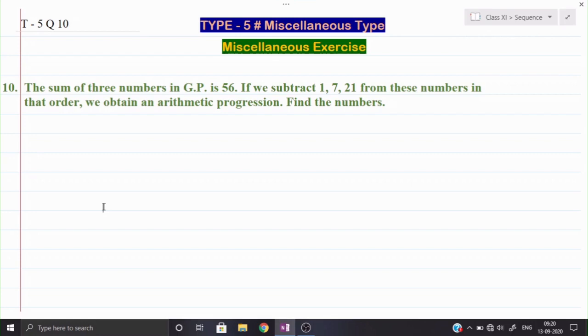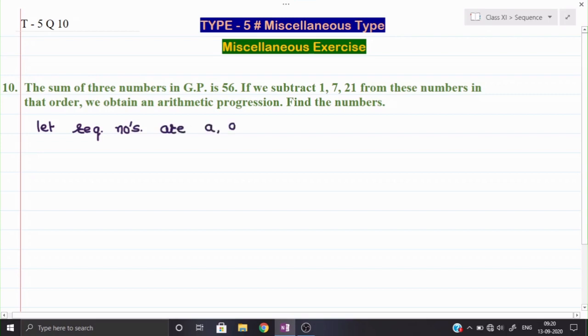Okay, so first we shall write down: let the required numbers be A, AR and AR square.